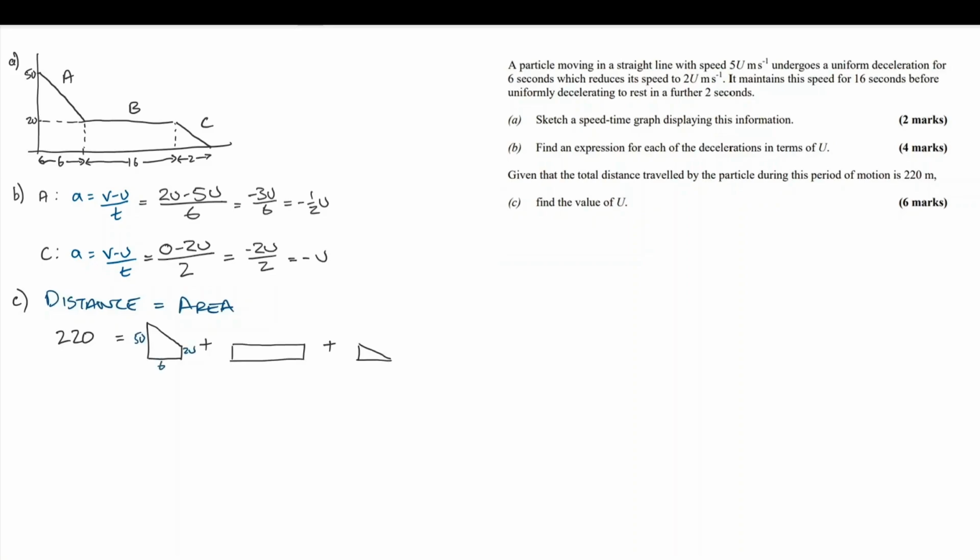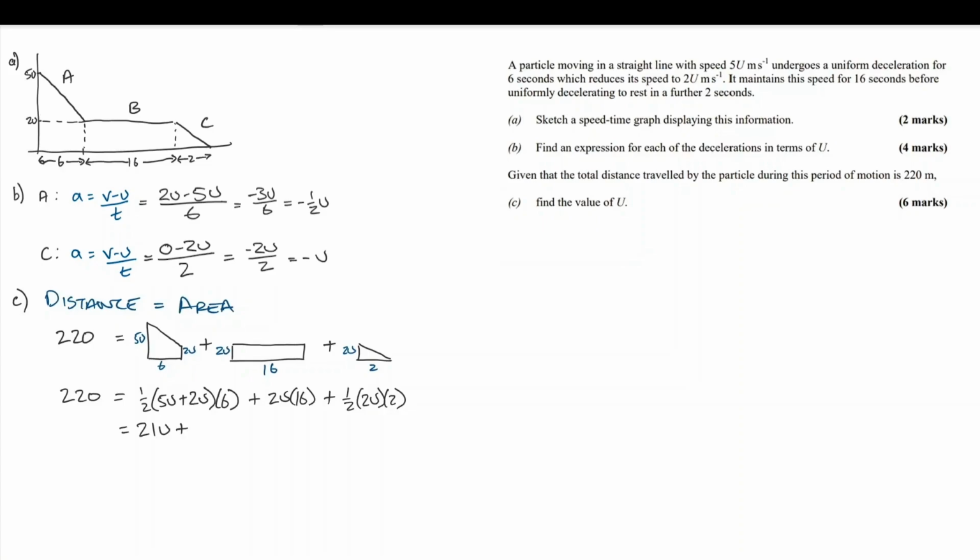Let's add the dimensions. So 5u and 2u and 6, 2u and 16, 2u and 2. And now for each of these shapes, firstly the trapezium, a half, the parallel sides added together, multiplied by the distance between them. We're then going to add on 2u multiplied by 16. And then finally, for the triangle, half of the height times the base.